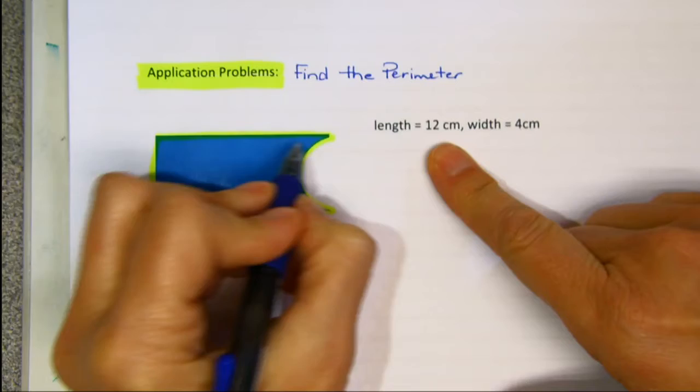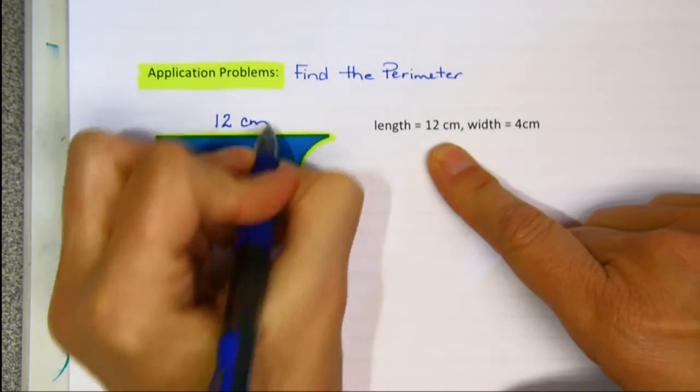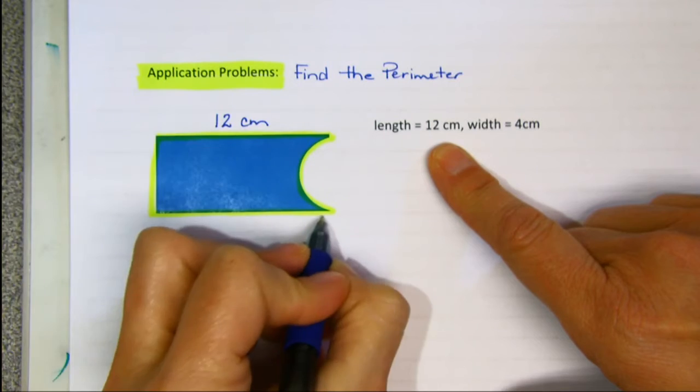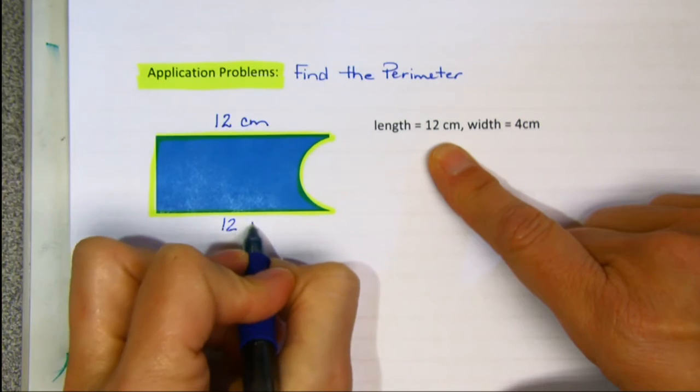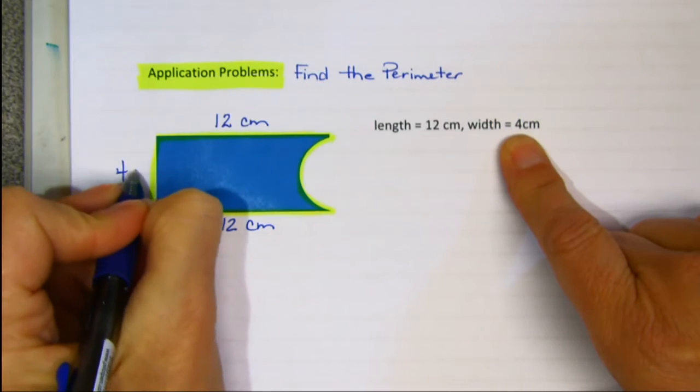Well, they tell me the length is 12 centimeters. If this is 12 centimeters, then this has to be 12 centimeters. And they tell me the width is 4 centimeters.